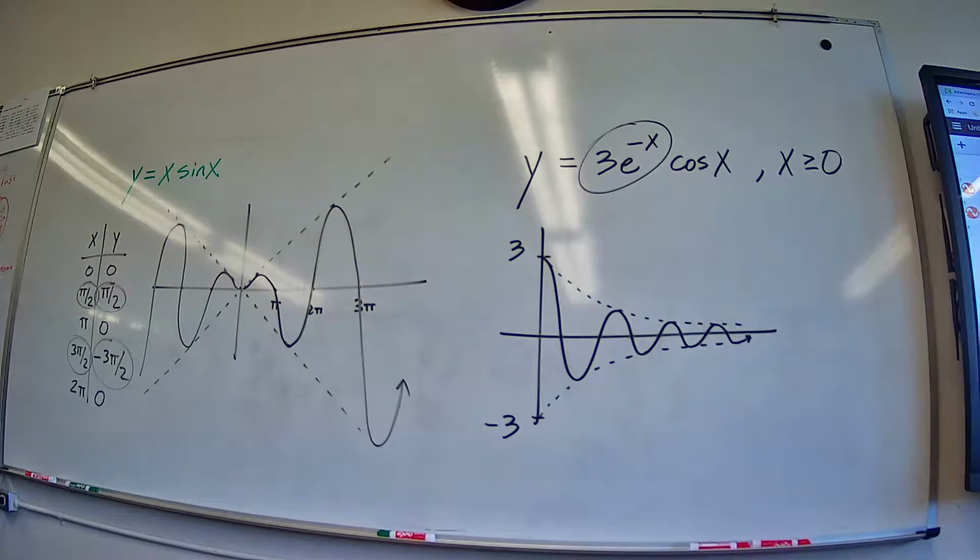Now that might be a little exaggerated. I'll show you on my computer. 3e to the negative x times cosine of x. Now, of course, starting at 0, I'd have to change the scale here, maybe go from -3 to 3.